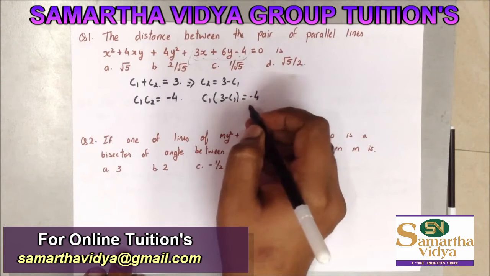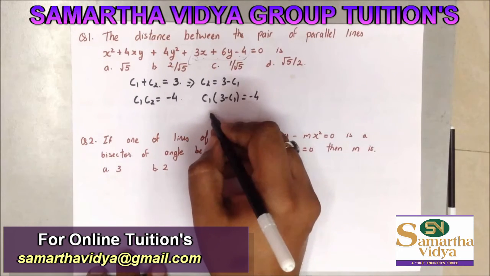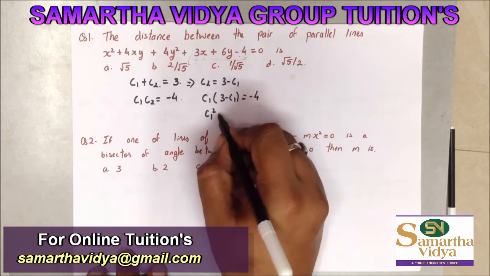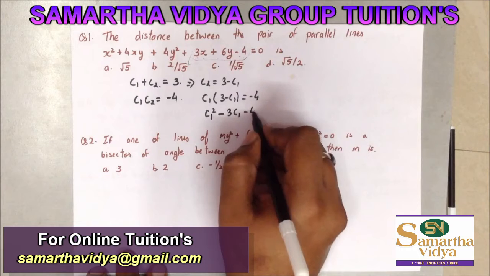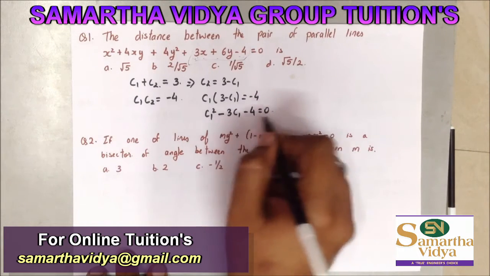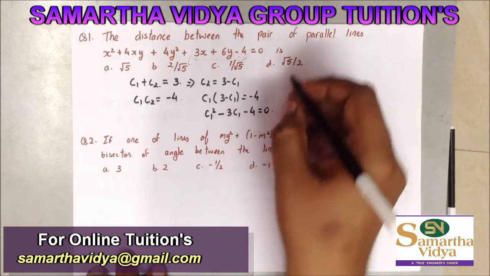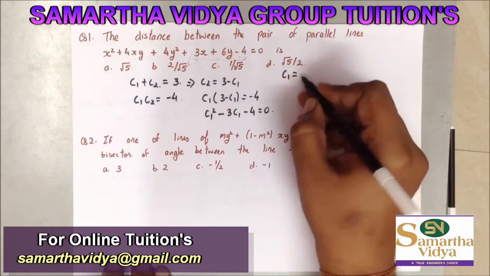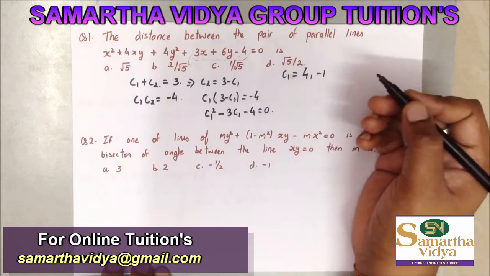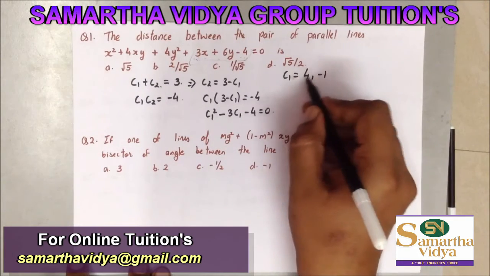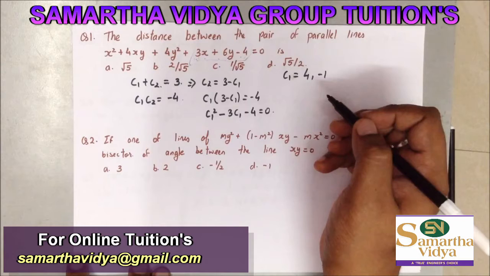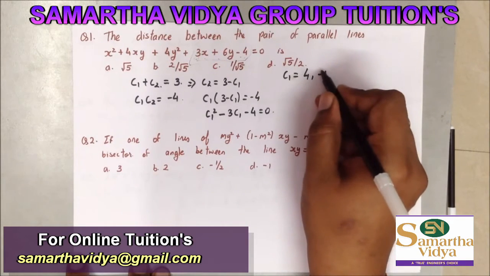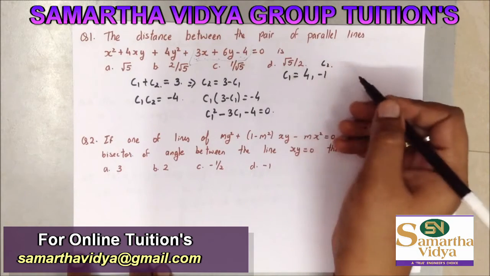If I open this up, I get the equation C1 square minus 3C1 minus 4 is equal to 0. From this, I get the C1 value. So C1 is equal to 4 and C1 is equal to minus 1. The other value is obviously going to be for C2, so C2 is minus 1.